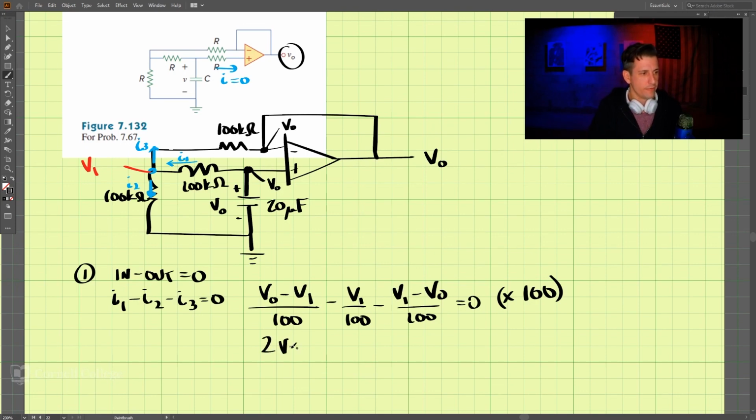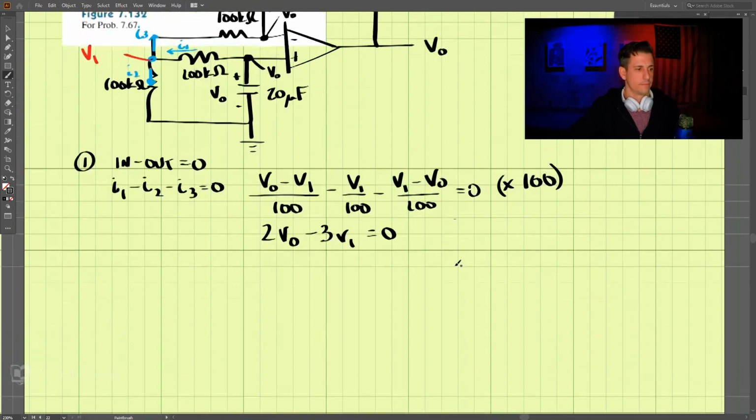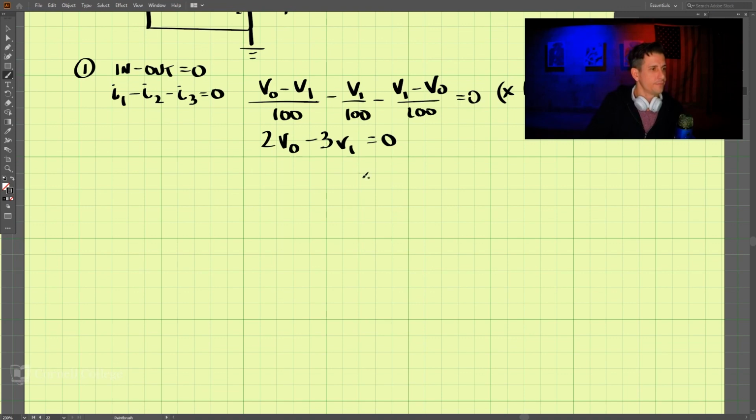So 2V naught minus 3V1 equals 0. So that is V1 is equal to 2/3 V naught. Okay, so we have this equation here.